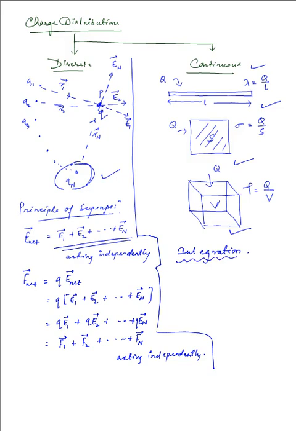We integrate the field due to a small segment over the entire length, or probably over the entire surface, or the entire volume, as the case may be. That is, if we are considering a linear charge distribution, we will consider the charge per unit length, and then a small segment of it, let us say dl.